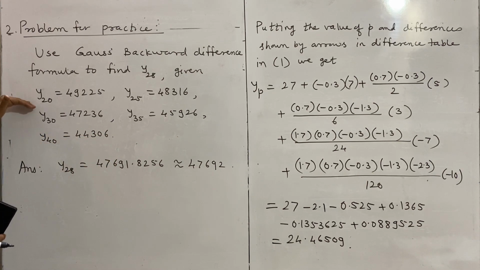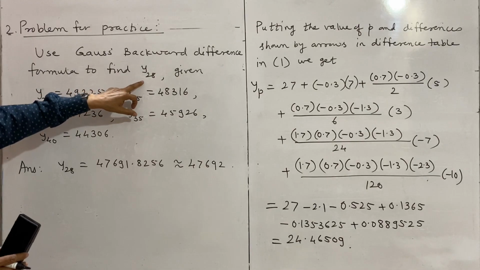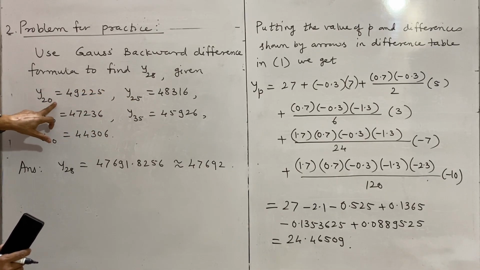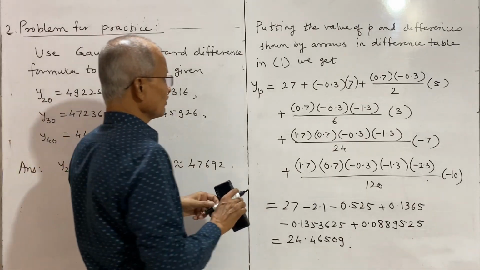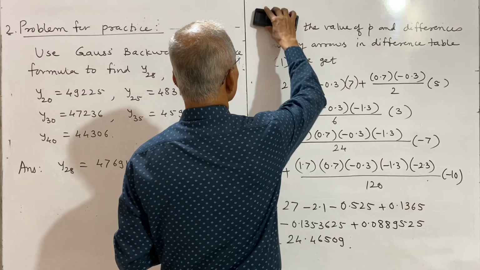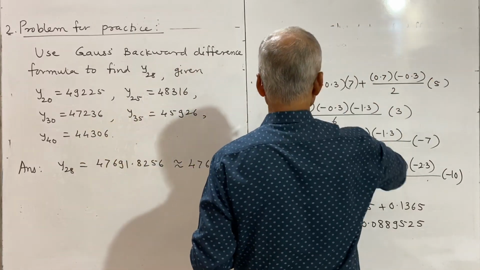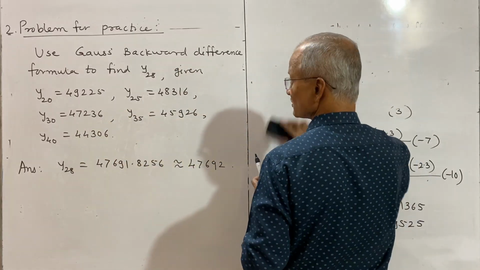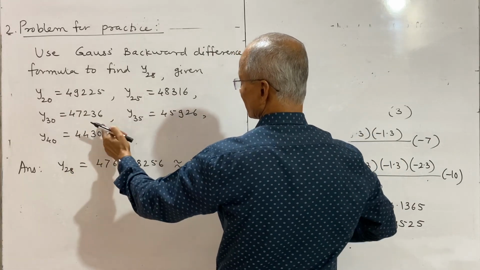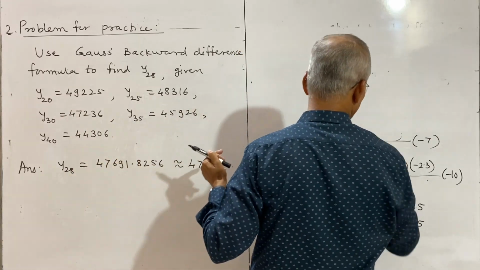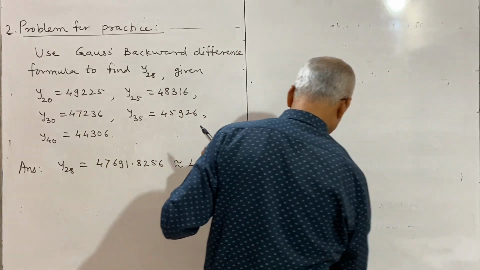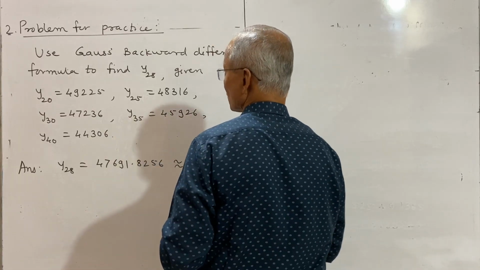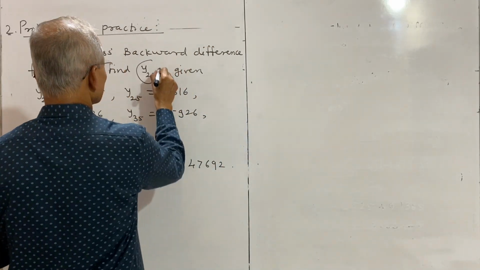Form a table having columns x and y, where x values are given as 20, 25, 30, 35, etc., and the corresponding y values. We need to find y28.